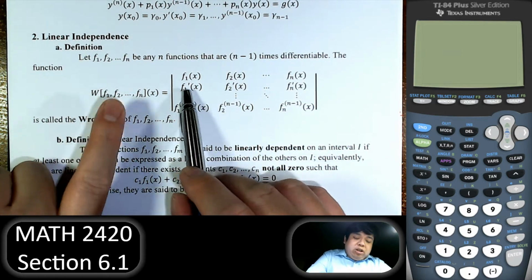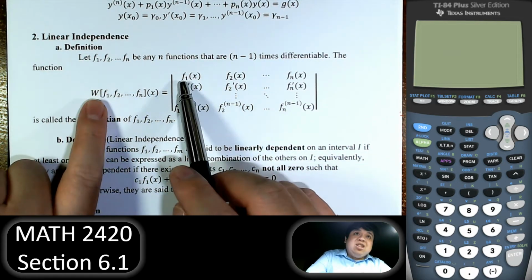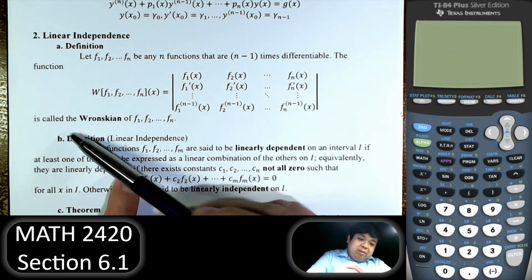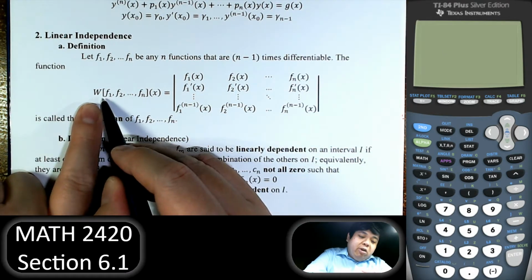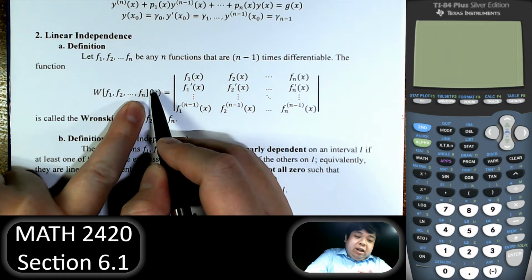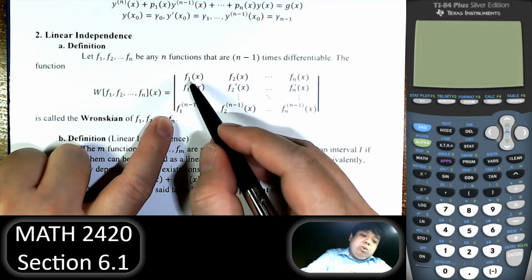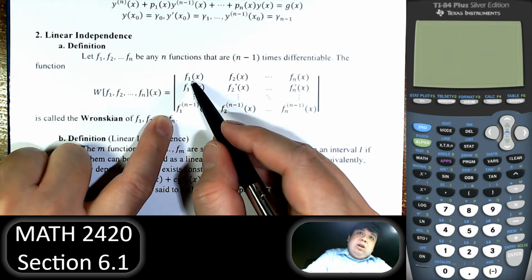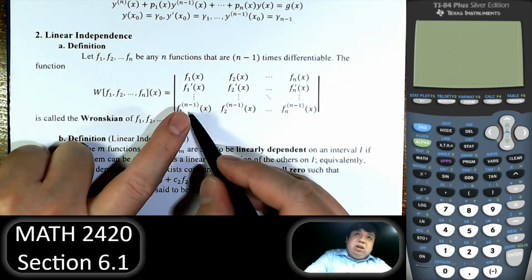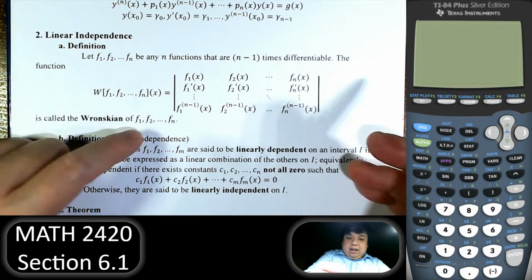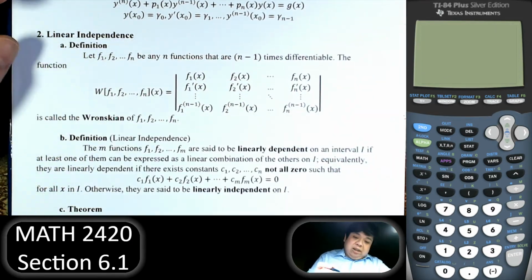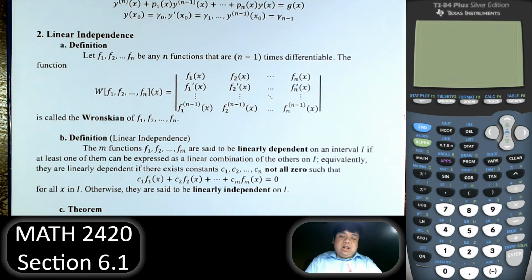For the square matrix, if we find the determinant, that gives us the Wronskian. So the Wronskian of the functions f1 all the way to fn, where x is the variable, is the determinant of the function all the way up to the n minus 1 order derivative. Of course we use that to determine if it is linearly dependent or independent.